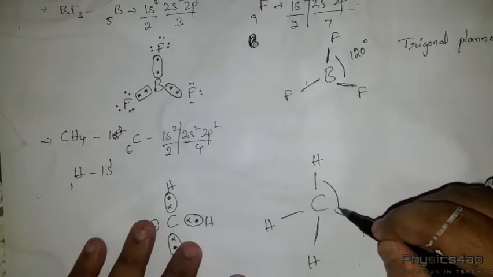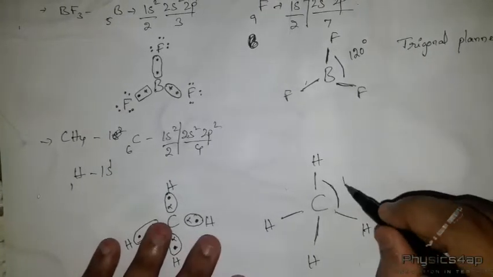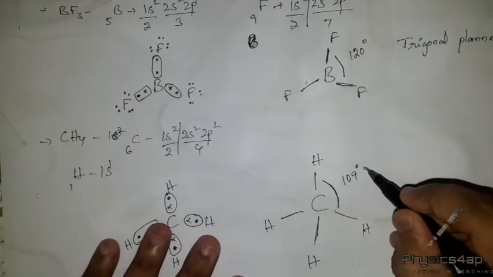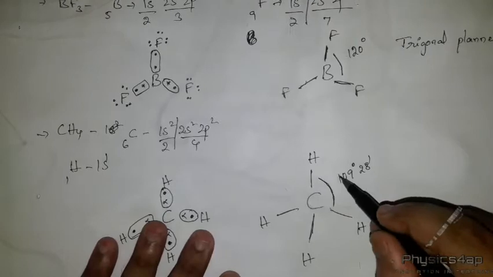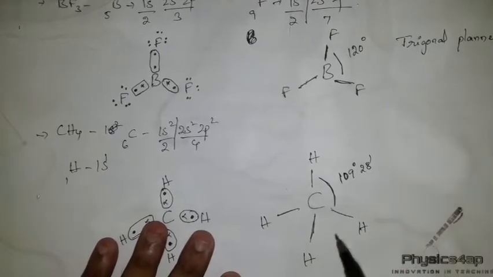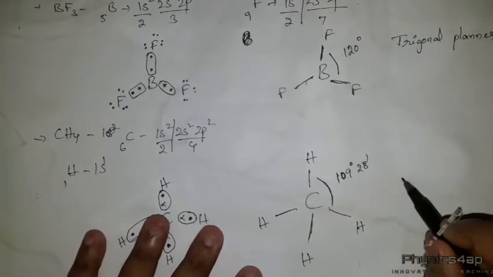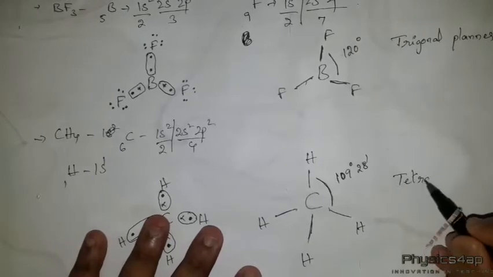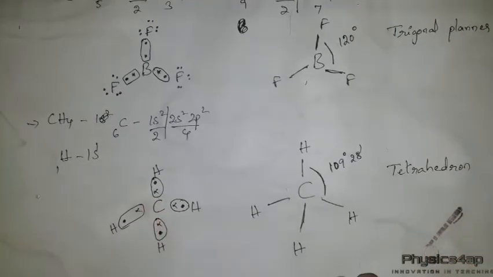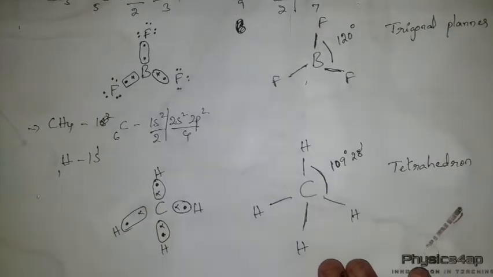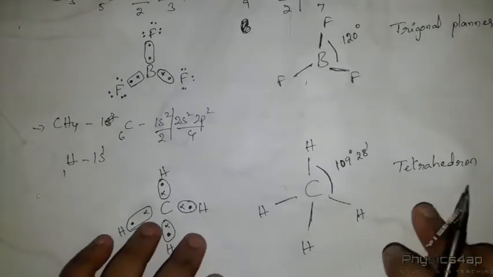So here also the angle decreases, and it becomes 109 degrees 28 minutes, and the shape is called a tetrahedron. This is the shape for the methane molecule.